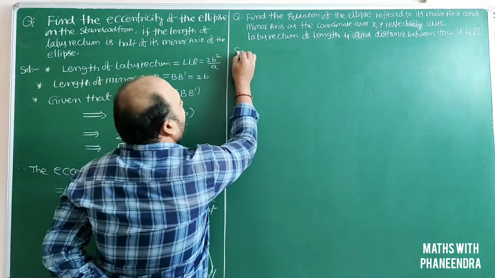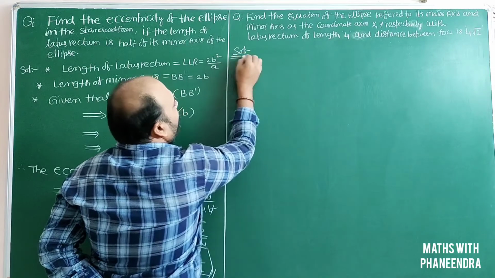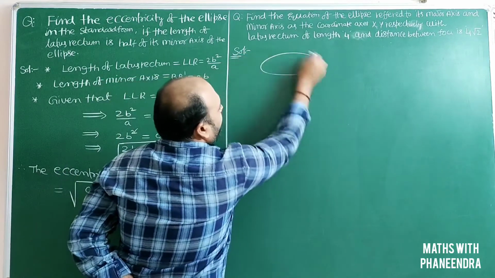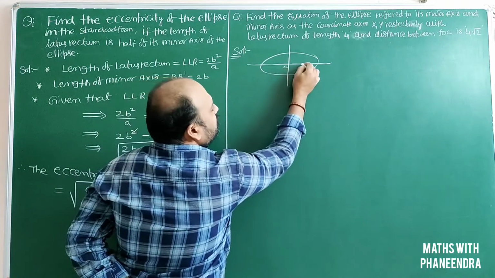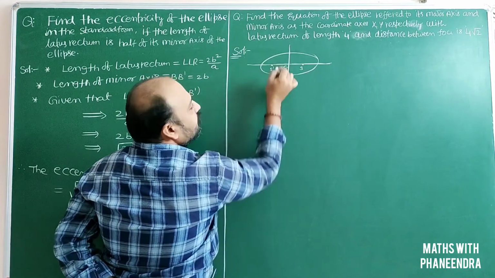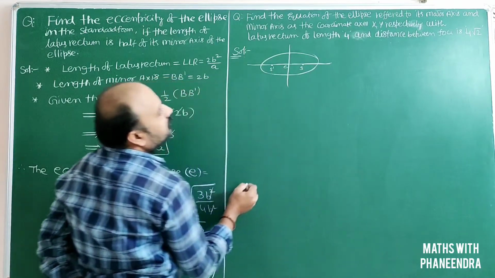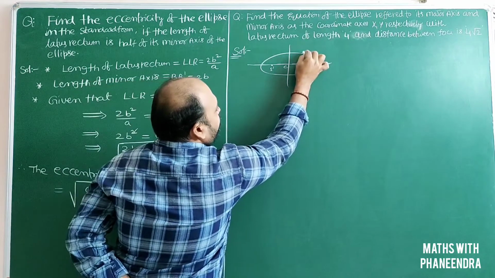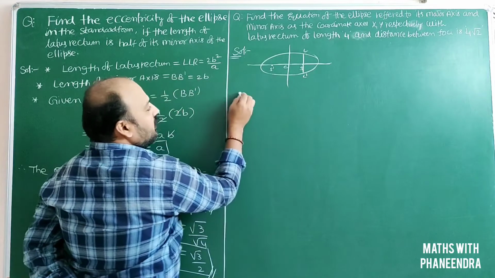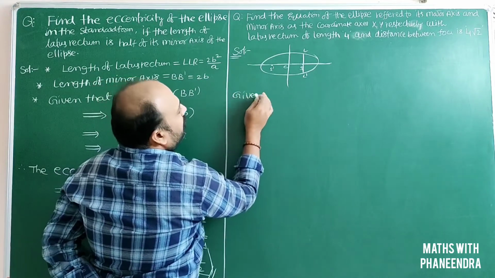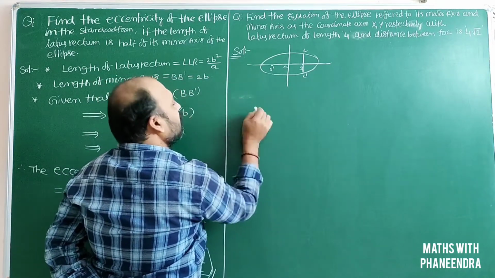So here is a rough figure. This is the equation of ellipse in the standard form, with center, distance between foci and latus rectum.